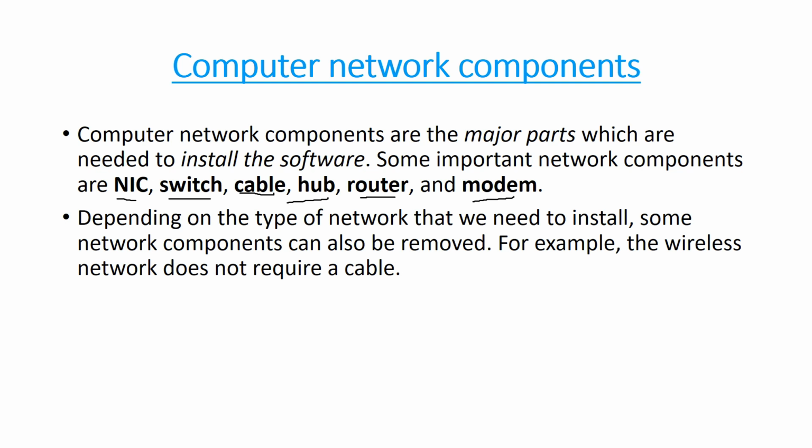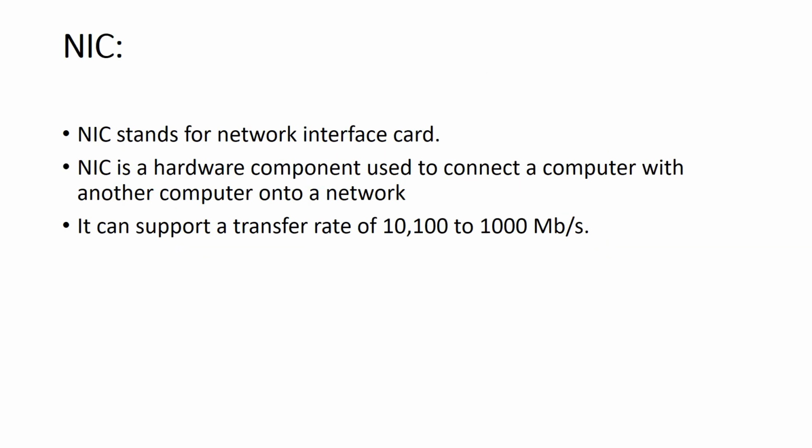Depending on the type of network that we need to install, some network components can also be removed. For example, a wireless network does not require a cable. As the name suggests, it's wireless, so it does not require a cable for it to share resources or to exchange information. So let us look at the first component, which is the NIC.